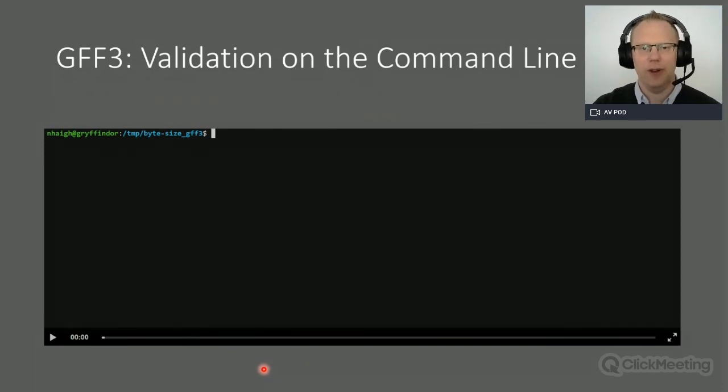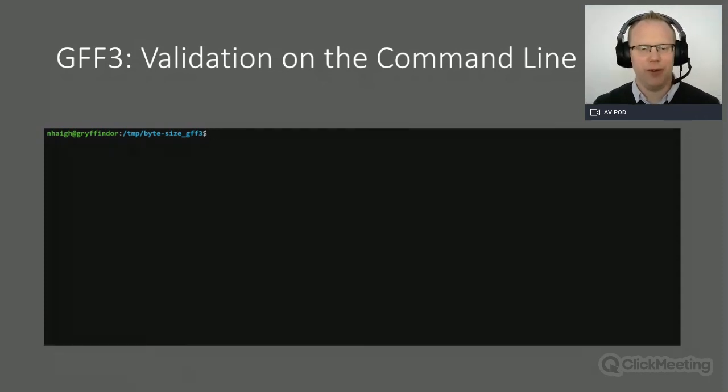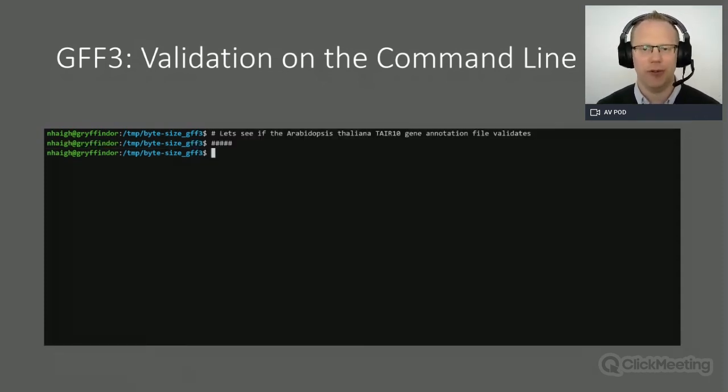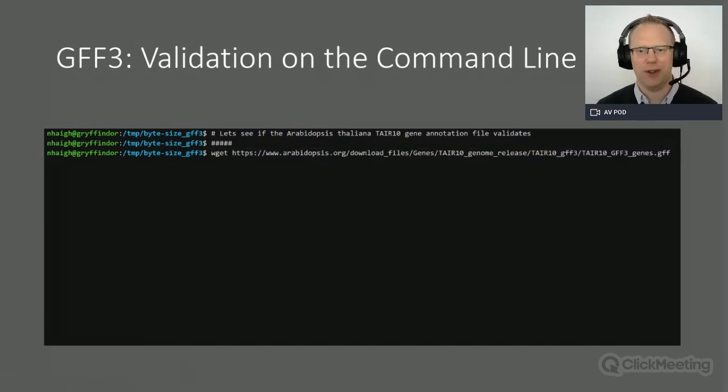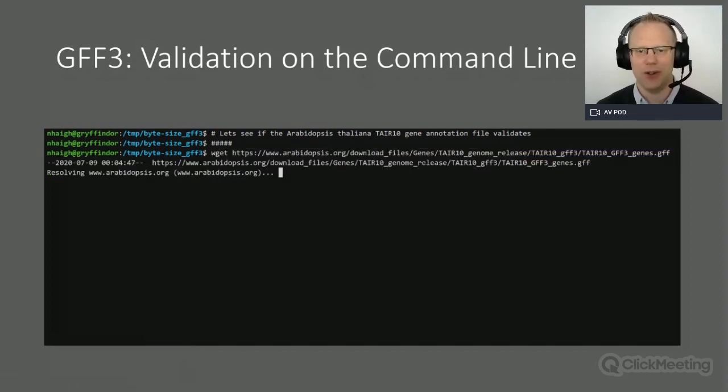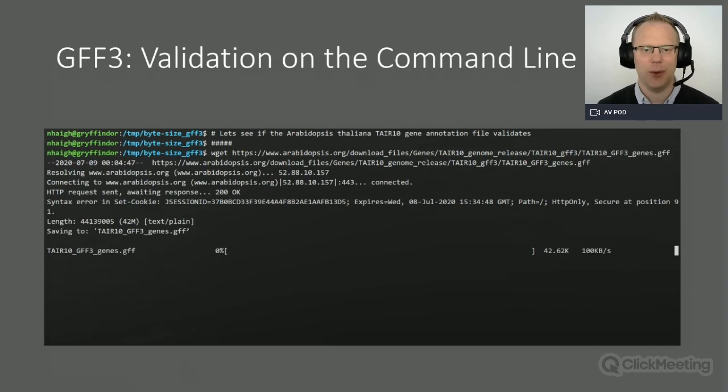So how do you go about doing validation? So here's an Asciinema recording of doing some validation of some common GFF3 files that are available from standard genome sequencing consortia and genome consortia. So this one is from the Arabidopsis thaliana TAIR10 gene annotation file.